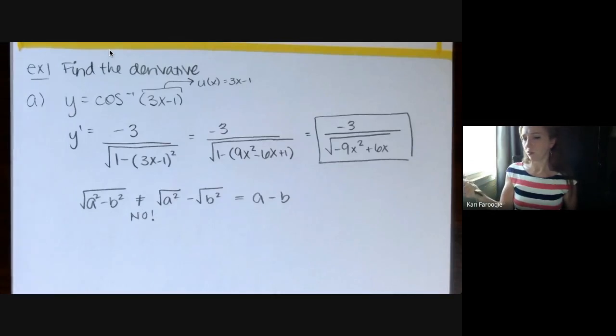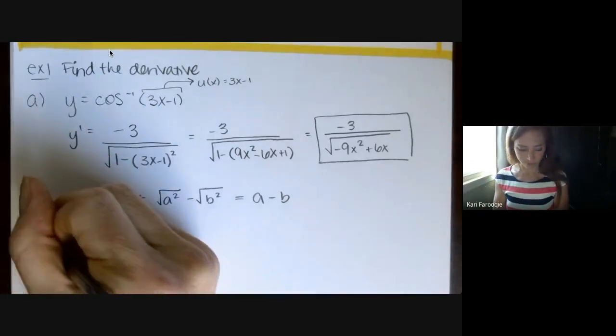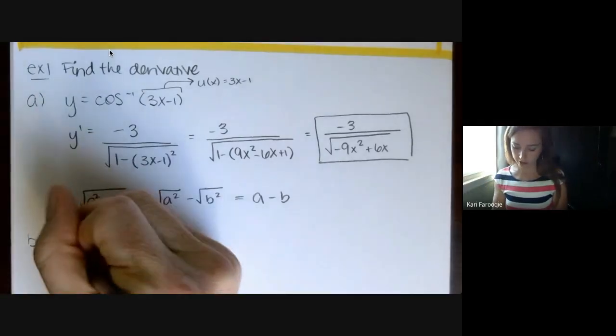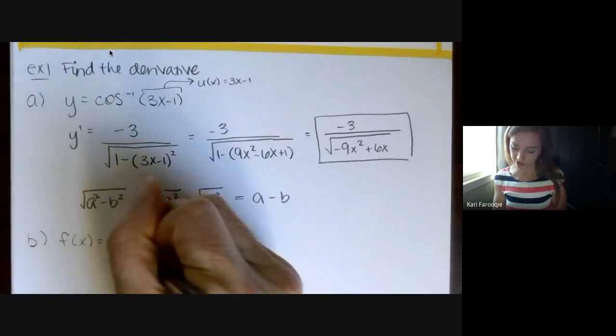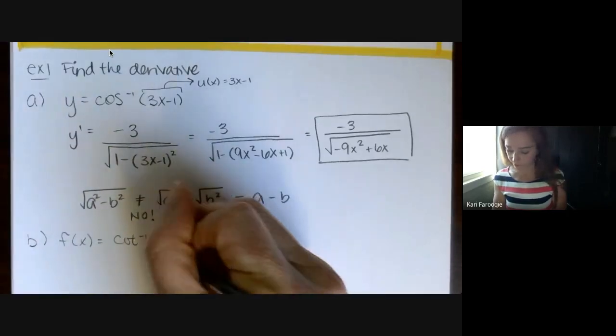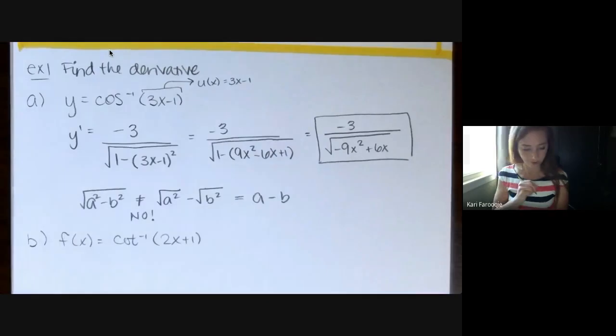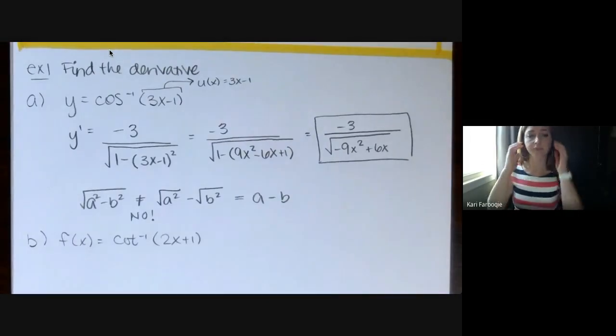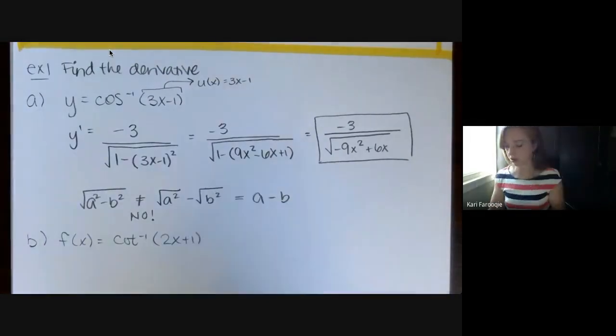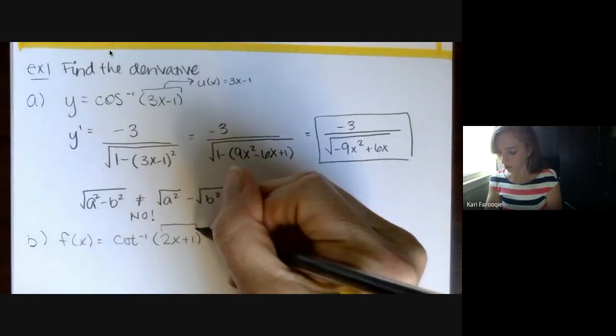All right, so let's do another one. This will be f of x equals the inverse cotangent of 2x plus 1. And again, your inside function is your u of x.